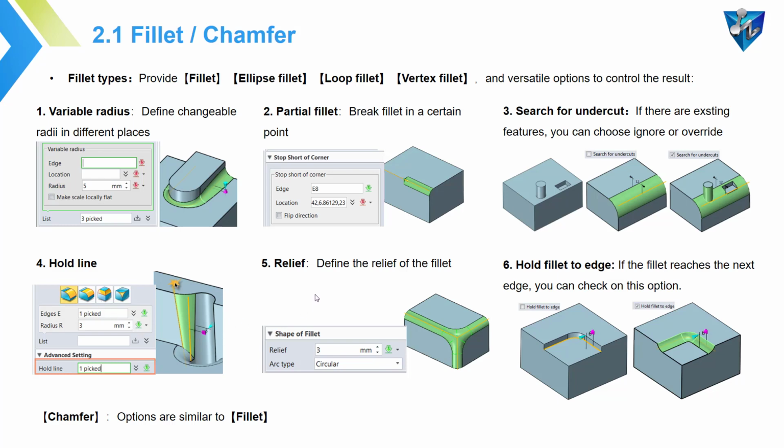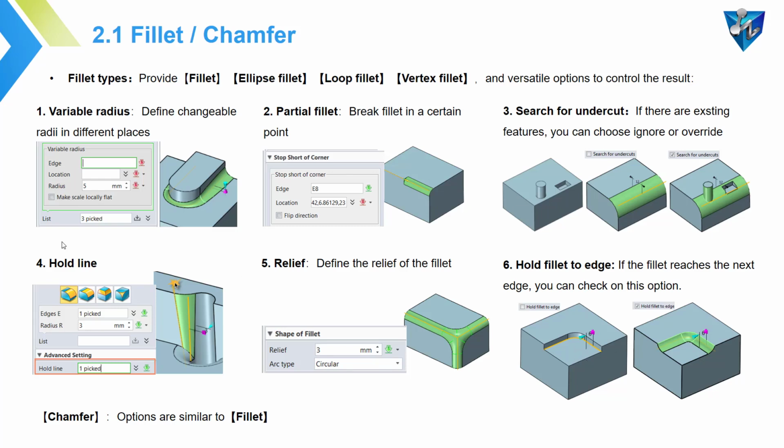The next option is relief, so you can define the relief of the fillet. And the last one is hold fillet to edge. Sometimes the fillet radius reaches the next edge, so you can check this option to continue the creation, or it will fail.